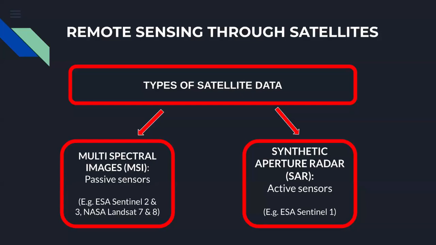satellite-borne detectors. The first is multispectral imaging, in which you have sensors that are mostly passive, and they basically record the light that has been reflected at the Earth's surface. They do this on many different spectral bands, which means you most likely will not just be recording the visible spectrum, the RGB bands that make up the colors that we see, but also some other very interesting parts of the EM spectrum, like shortwave infrared, long-wave infrared, and ultraviolet.